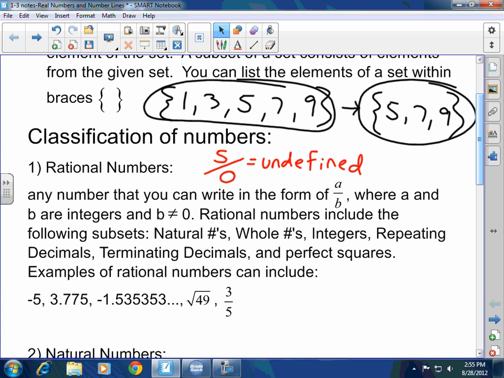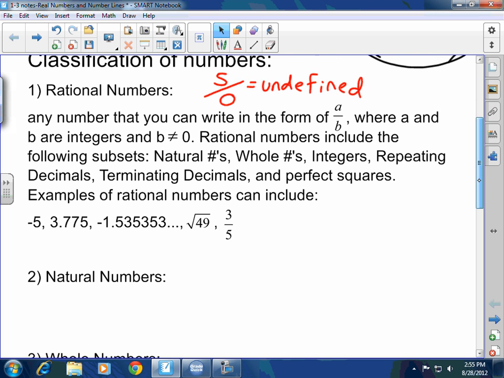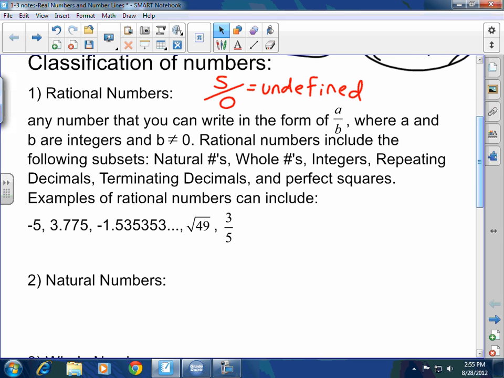Rational numbers include the following subsets: natural numbers, whole numbers, integers, repeating decimals, terminating decimals, and perfect squares. Examples of rational numbers can include -5, which is an integer, 3.775, which is a terminating decimal, 1.53535353, which is a repeating decimal, square root of 49, which is a perfect square, and 3/5, which is a fraction.